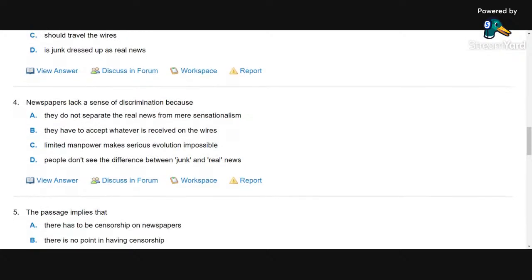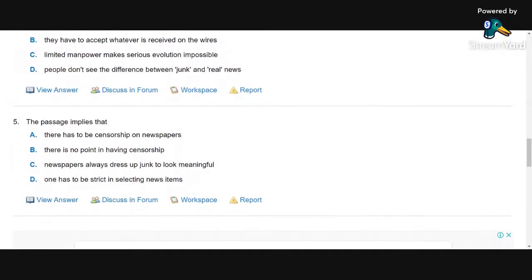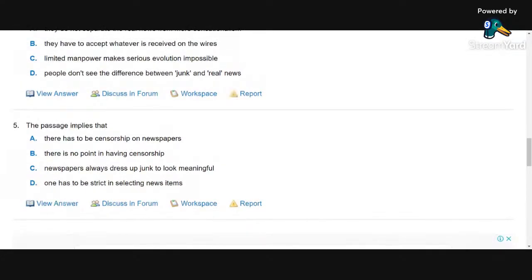Okay. So let's see the fifth question and the last one. The passage implies that... So you have to see the passage as a whole and answer this question. Option A, there has to be no censorship on newspapers; option B, there is no point in having censorship; option C, newspapers always dress up junk to look meaningful; option D, one has to be strict in selecting news items.